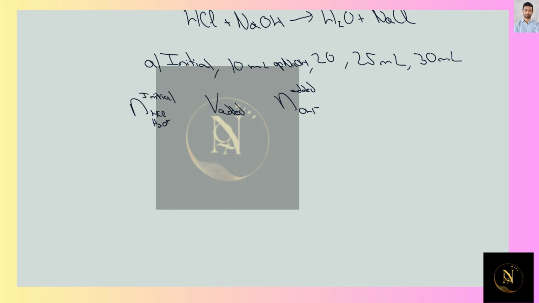This value is going to stay the same for all of the cases. And then we're going to have the surviving species, the concentration, and the value for pH. So let's begin by 0, 10, 20, 25, and 30 milliliters.